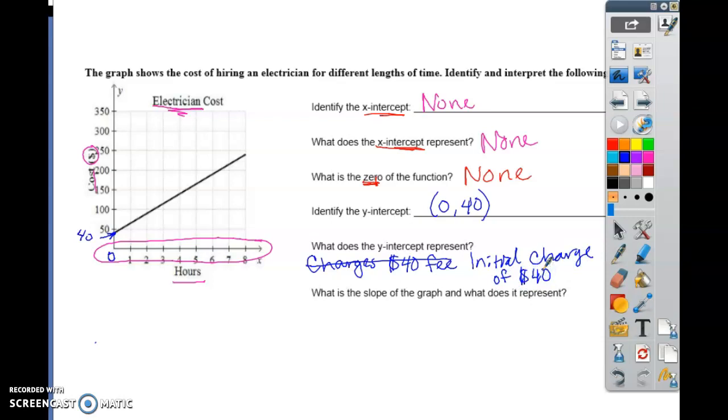Okay, and then if he works some hours, then he gets paid more money. So the more hours he works, right, the more money he's getting paid. So the slope represents the amount of money he gets paid per hour.